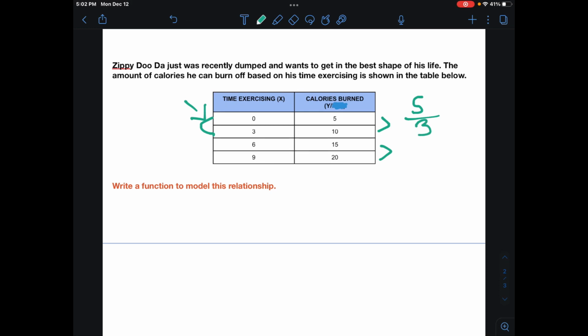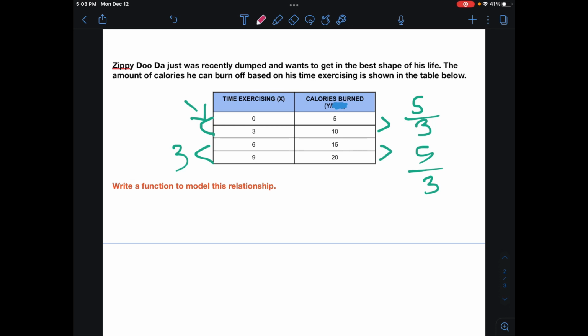And we can do these other values as well. And you will see that we get a change of 5 in the numerator and another 3 over here for the denominator, again for the change in the x values.